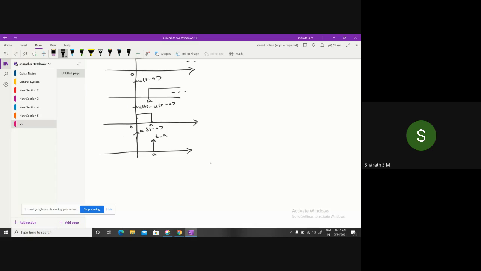Once we subtract these two, what is the signal? 0 to a. So initially you will get the signal from 0 to a, of positive amplitude level. Afterwards, it goes to the negative amplitude level, minus a. That's it. So this is the final result.